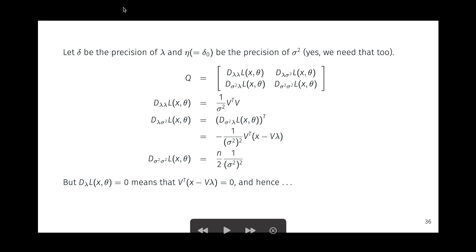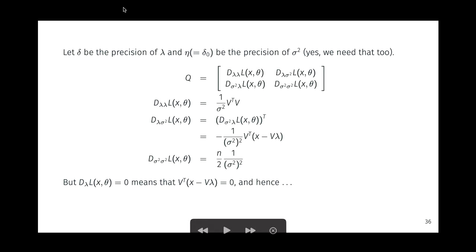So that gives me a way of constructing my Q matrix, this big Q matrix, just the derivative with respect to each of the parameters. I'm ordering them so that sigma squared's on the end. The first top left block is the derivative with respect to each of the lambdas twice, which turns out to just be V transpose V, which is why I wrote it in this form.